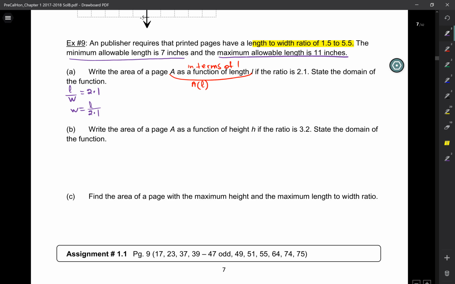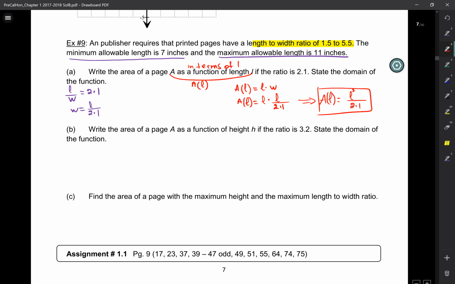So now area of L is equal to length times width. So area is equal to the length times the width. So area is equal to L squared over 2.1.